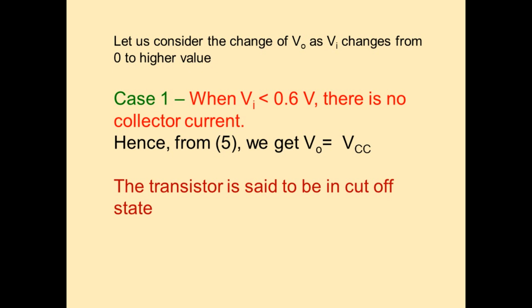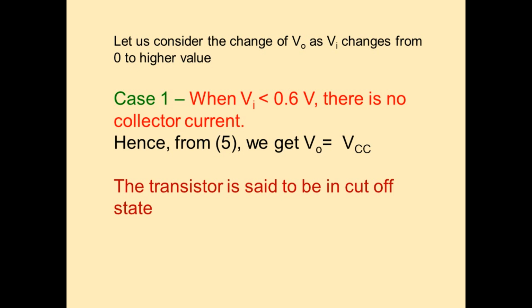Case 1, when input is less than 0.6 volt. If input voltage is less than 0.6 volt, in the case of silicon crystal, it doesn't allow the current, there is no collector current.